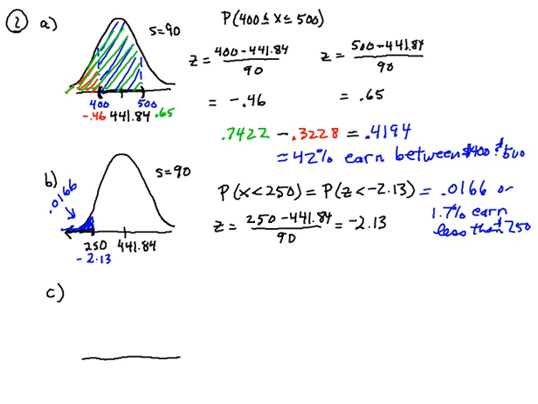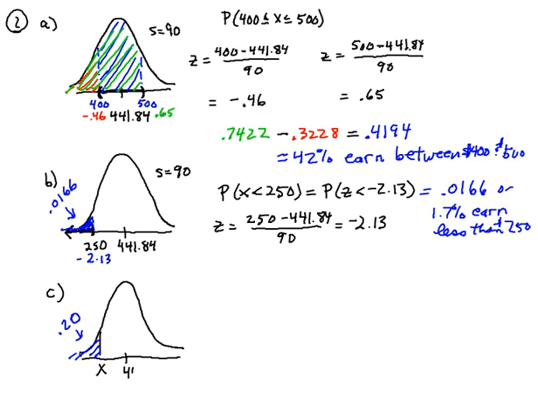The distribution is normal. In this case, 20%, the area under the curve is given, and what we're trying to do is to find the X value.